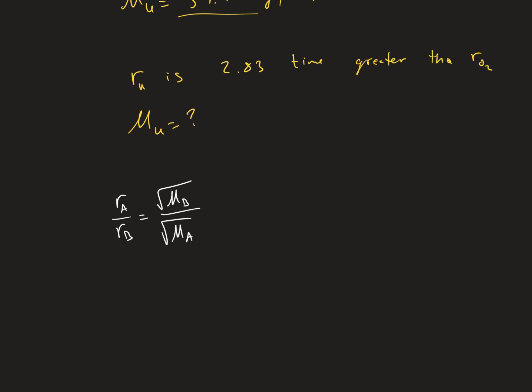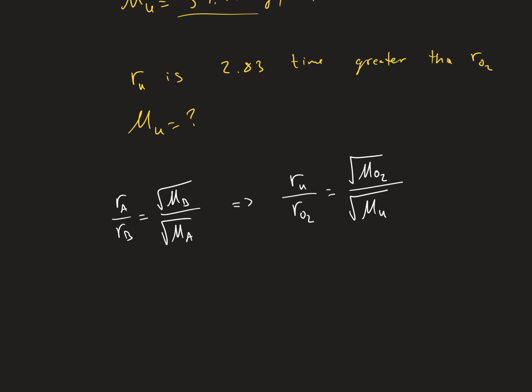So we'll say the rate of the unknown gas over the rate of oxygen gas is equal to the square root of the molar mass of oxygen gas over the square root of the molar mass of the unknown gas. Any questions on setting up the formula?